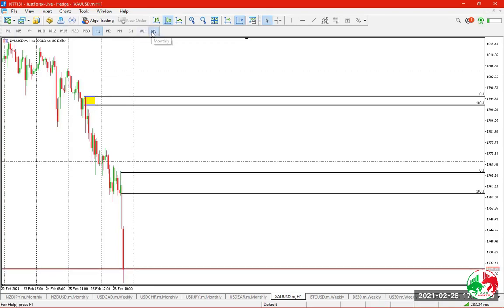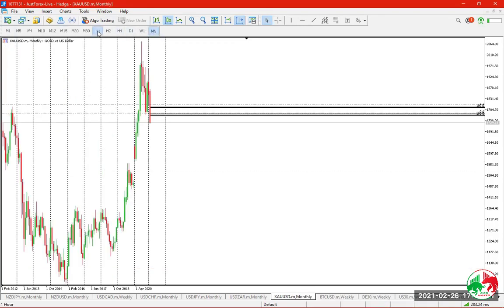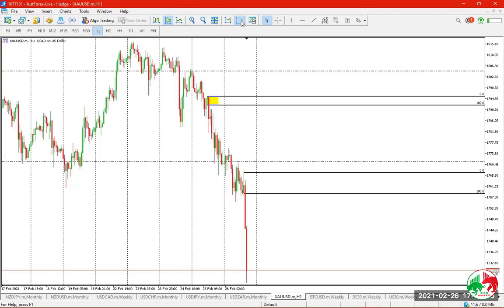But even though that zone wasn't tested, would you still leave it as a pending order? No, not really, because we are looking to take imbalances that are closer to the current price. I would only leave this zone if there aren't any clean imbalances that happened today, maybe tomorrow.